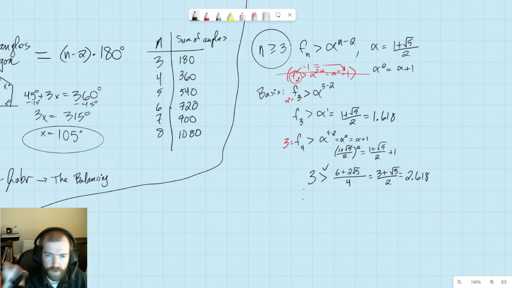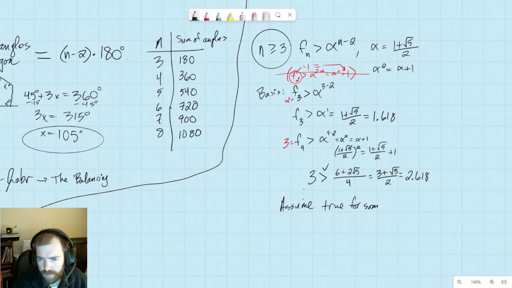Okay, so we assume that this is true for some n, so that f sub n is actually greater than alpha to the n minus 2.